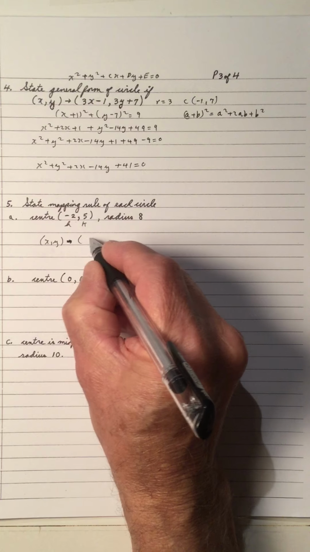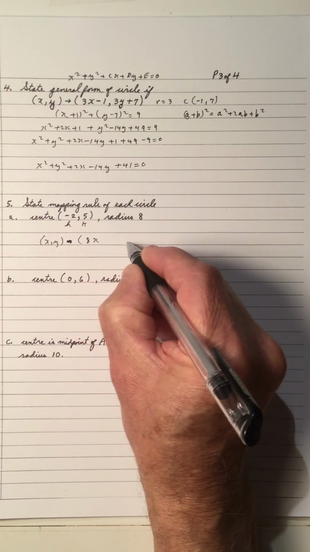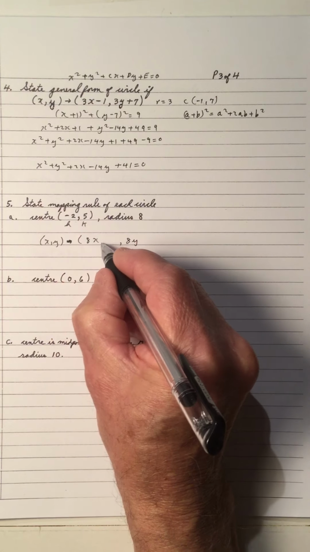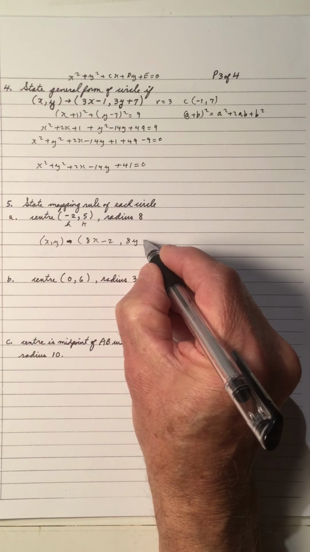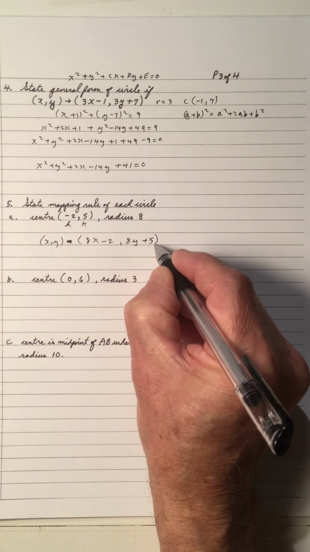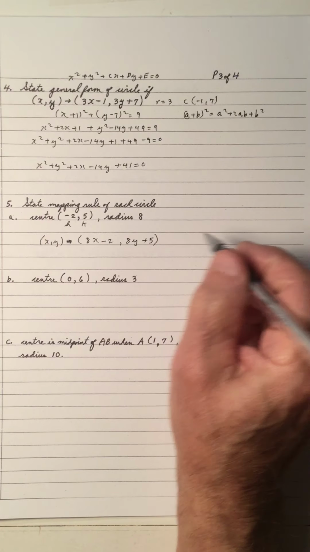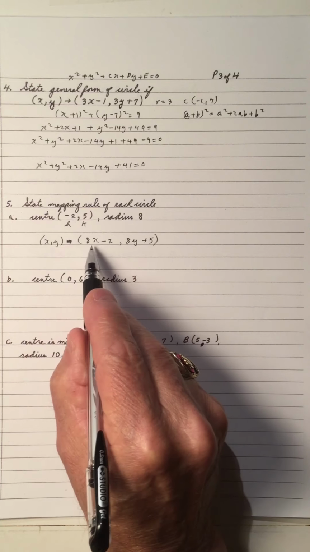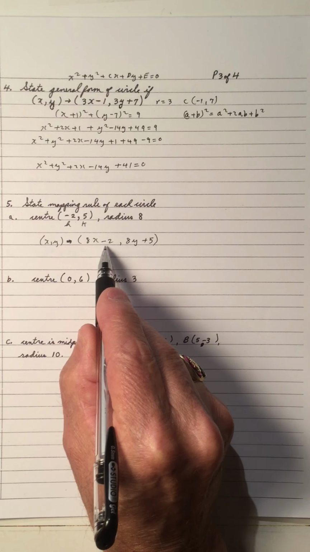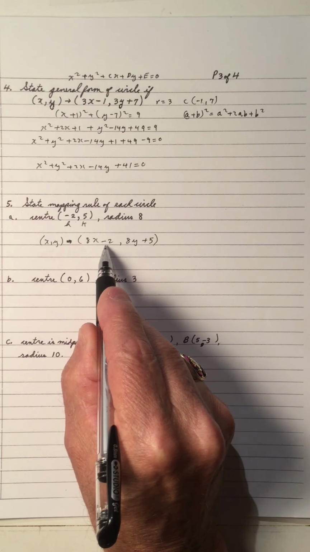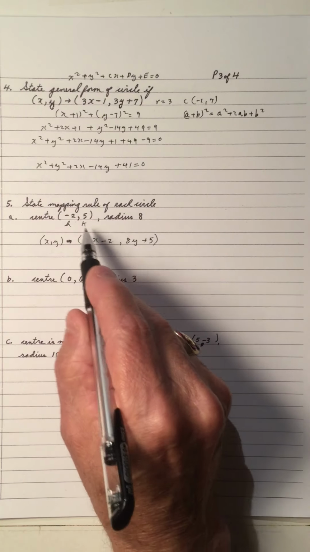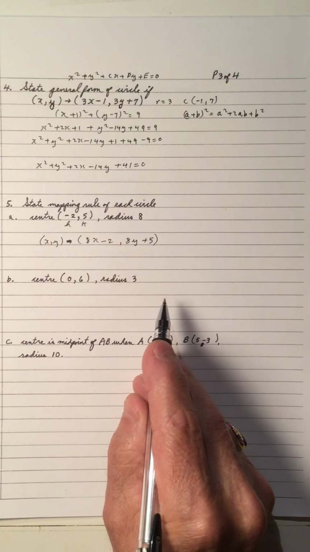So the radius is 8, so it's 8x, 8y, and h is negative 2, and k is 5. So we take a unit circle and move it 2 left and 5 up and have a radius of 8, then you'll get this circle here.